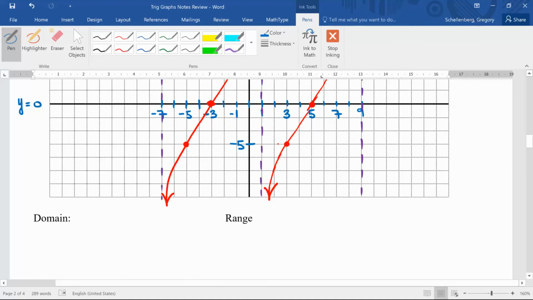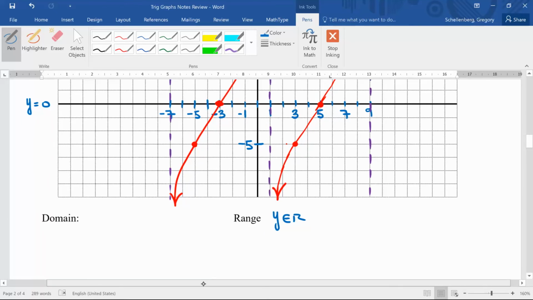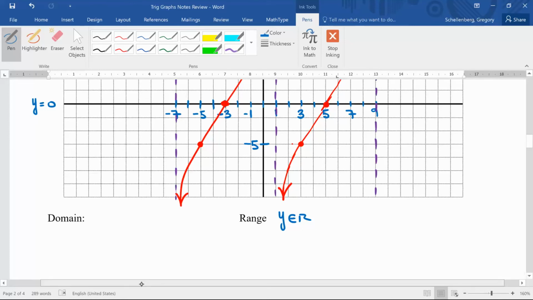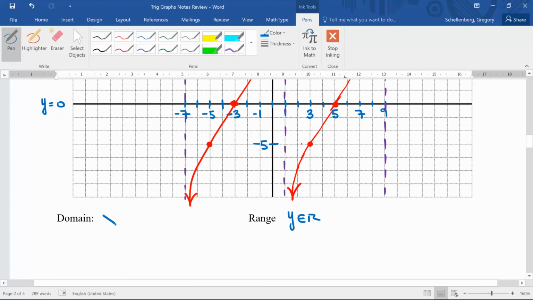Okay, let's look at some of the properties of this graph. We'll do the range first. The range is y is an element of the real number set. And the domain, all of those vertical asymptotes are where the function is undefined. So our domain is basically just restricting where this function is defined.